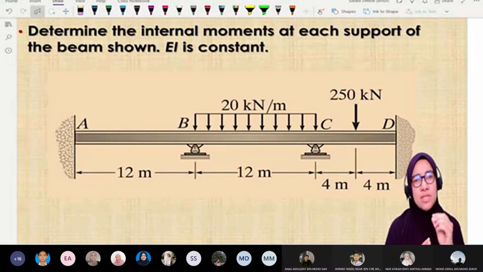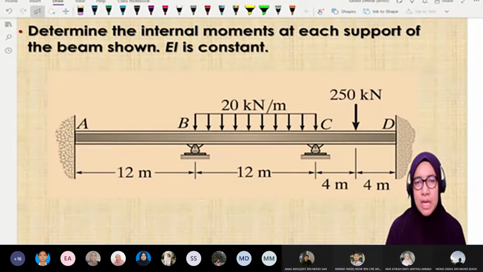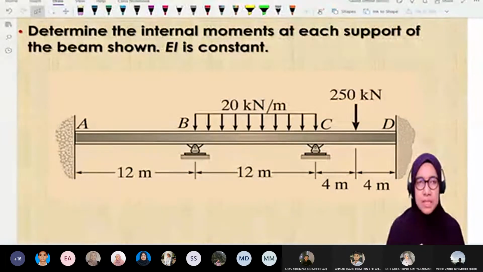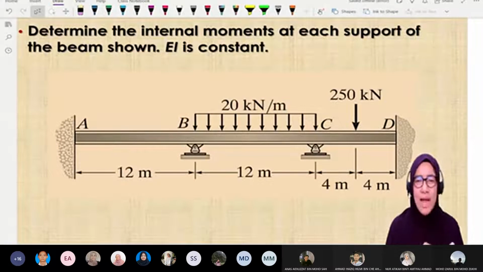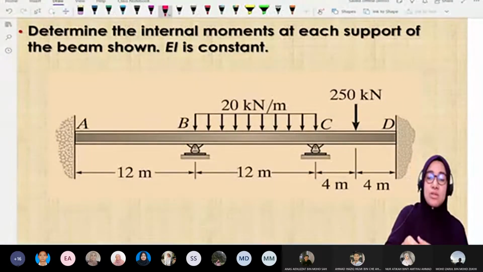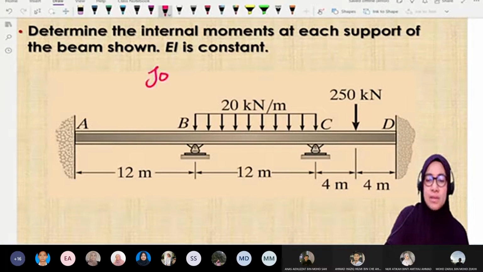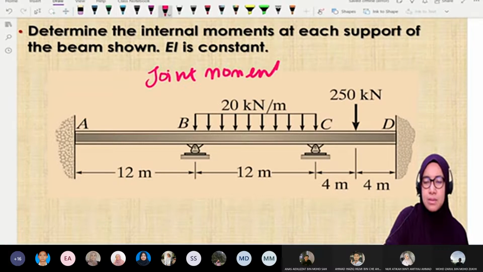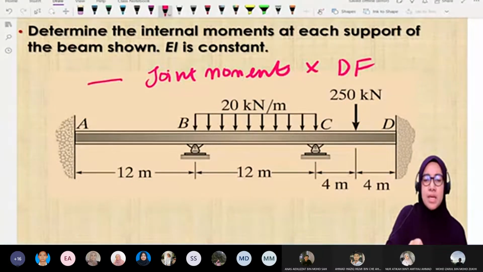So in the first step inside the table, proses yang kita akan buat adalah kita akan distribute moment. How to distribute moment is by considering like this: joint moment times distribution factor. Yang tadi saya tunjuk tu. Ini proses dalam table, pada step yang nama dia distribution.